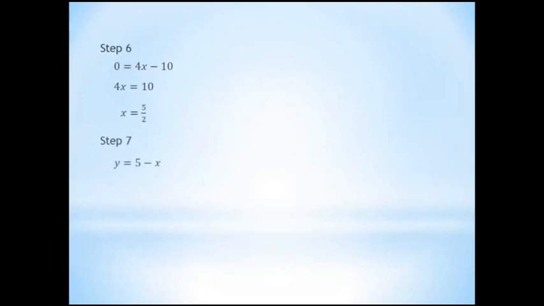Step 7. Find the value of y. y is equal to 5 minus x. y is equal to 5 minus 5 over 2. y is equal to 5 over 2. Step 8. We need to find the sum of their squares to get a maximum.